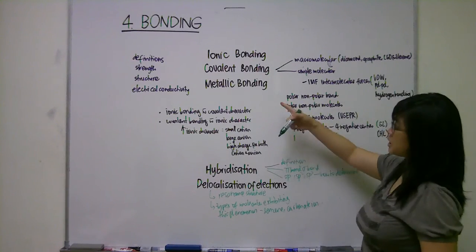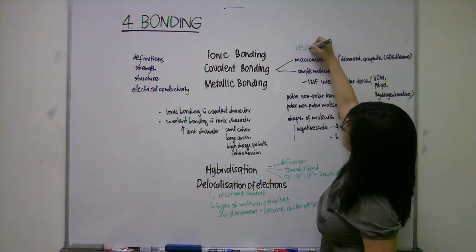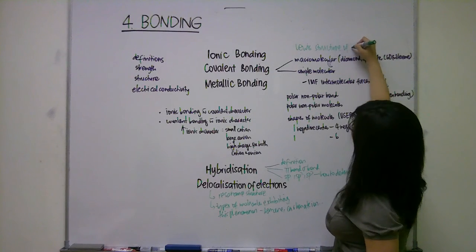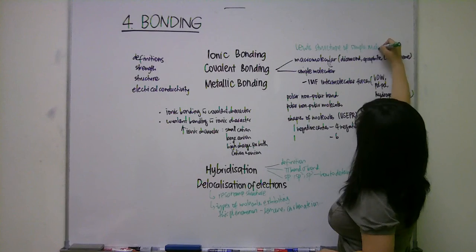I forgot to mention, for covalent bonding you also need to be teaching your students how to come up with Lewis structures of simple molecules.